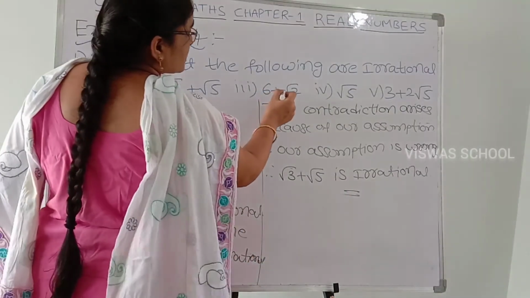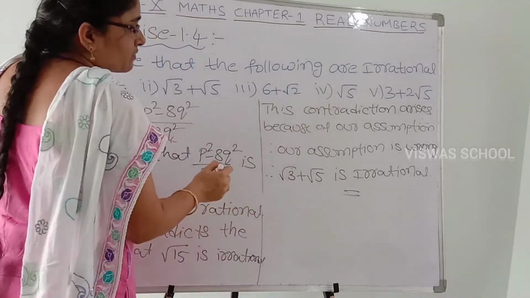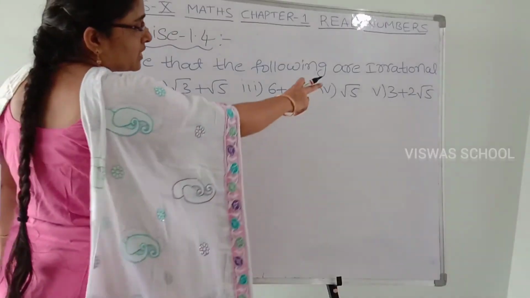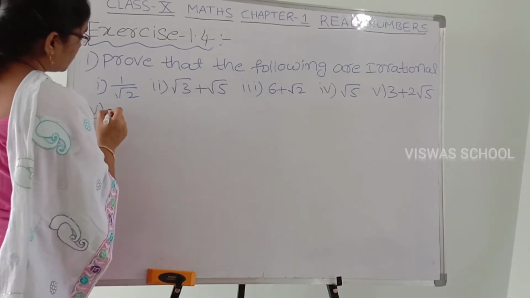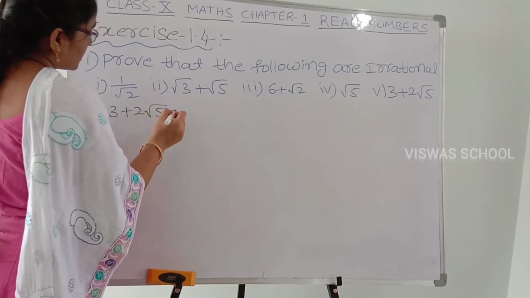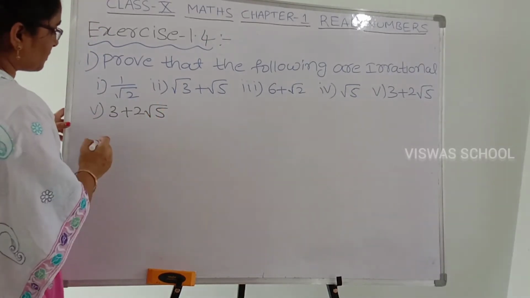Next, 6 plus root 2, that is the third one, and the fourth one, root 5, 6 plus root 2 and root 5, are homework. Next one is the fifth one, that is 3 plus 2 root 5. We have to prove 3 plus 2 root 5 is an irrational number.